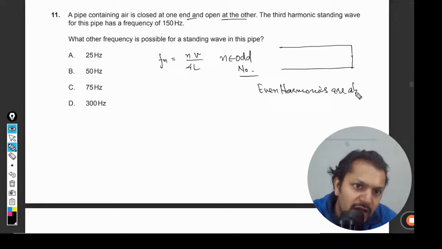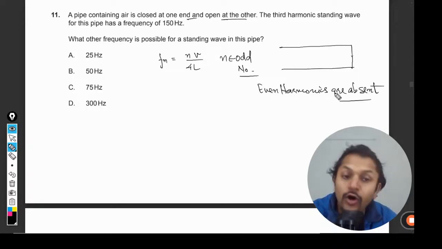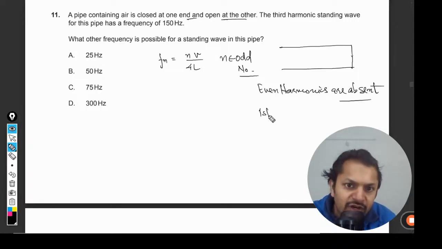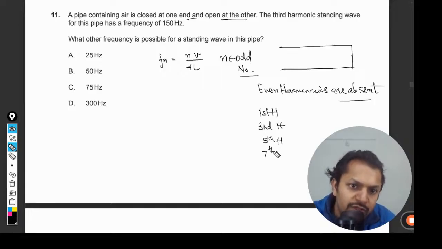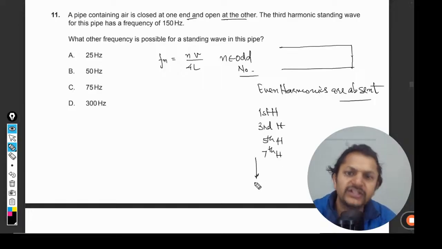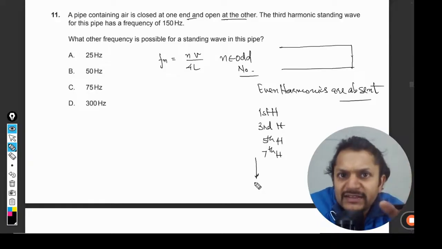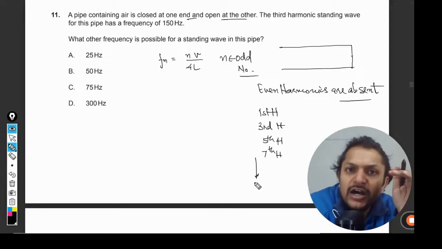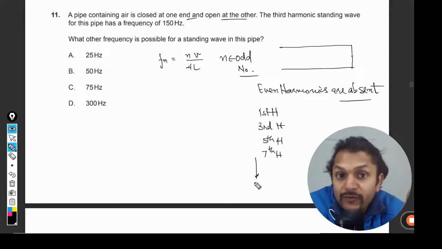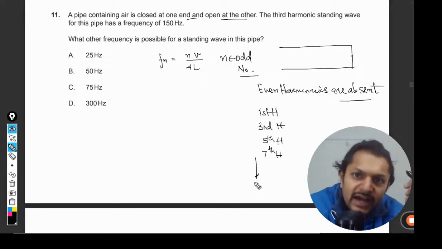Only odd harmonics are present. So the first harmonic could be there, the next will be the third harmonic, and the next will be the fifth harmonic. Likewise, you can just go for the odd number harmonics. Even number harmonics are not present, because this is a pipe which is closed at one end and open at the other. It is like that only.